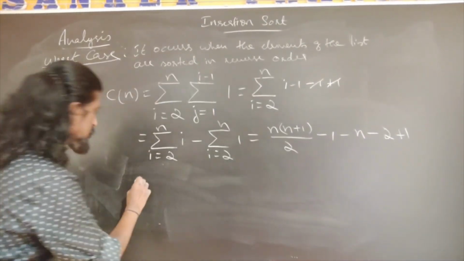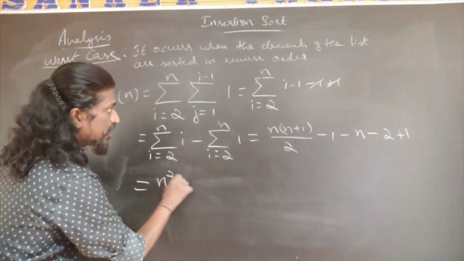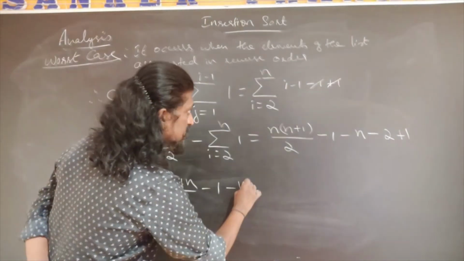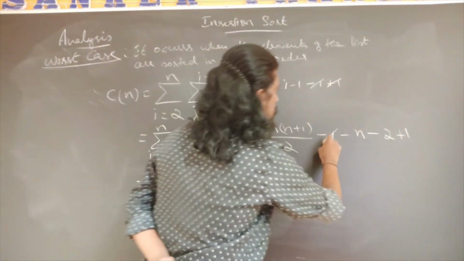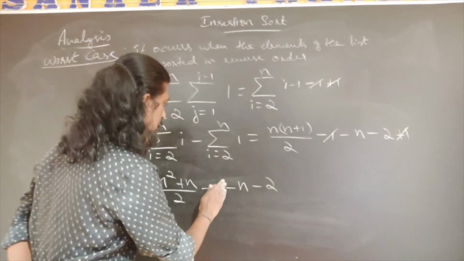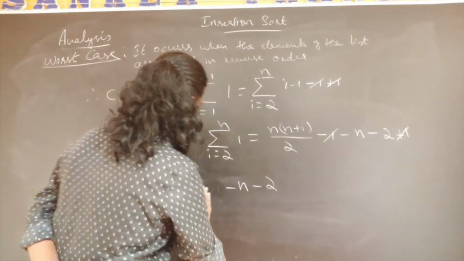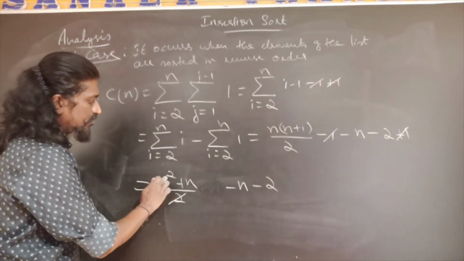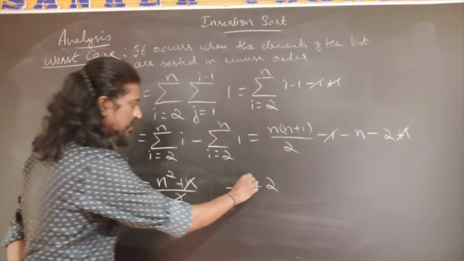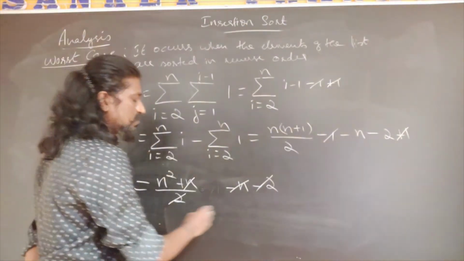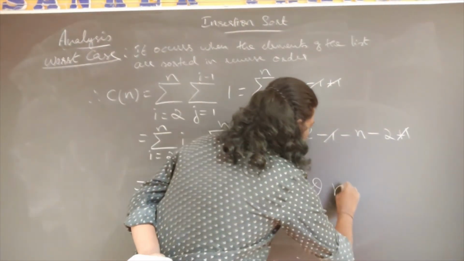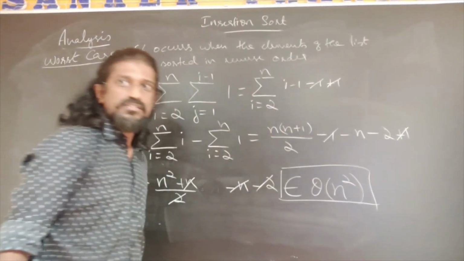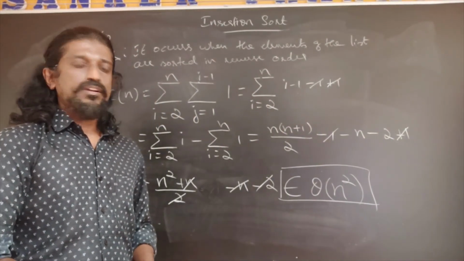So when we solve this, we will get it as n squared plus n by 2 minus 1 minus n minus 2. This minus 1 and this plus 1 get cancelled. Now we can eliminate the constants. n squared is the higher order term, lower order terms we can eliminate. So when we eliminate all these, we find that insertion sort belongs to the quadratic efficiency class. That is, its efficiency is theta of n squared.